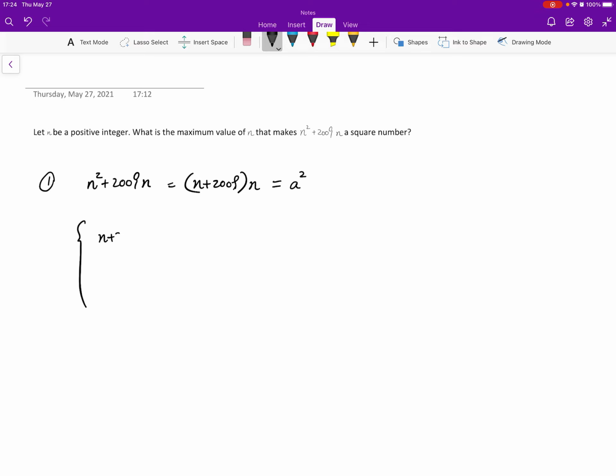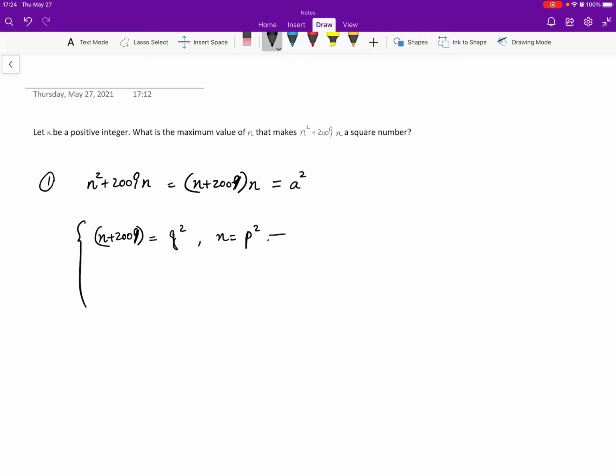Either n plus 2009 is the square of a number and n is another square number. We'll use p and q to denote that. So n plus 2009 equals q squared, and n is p squared.